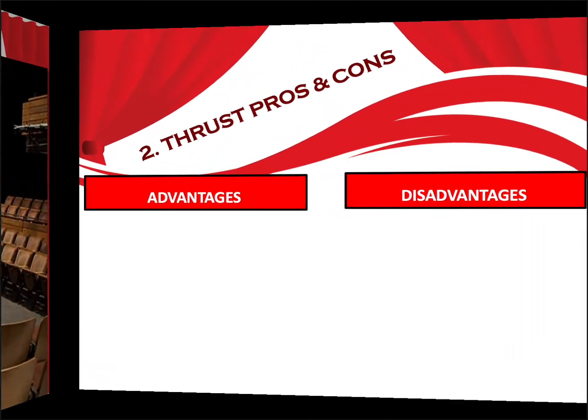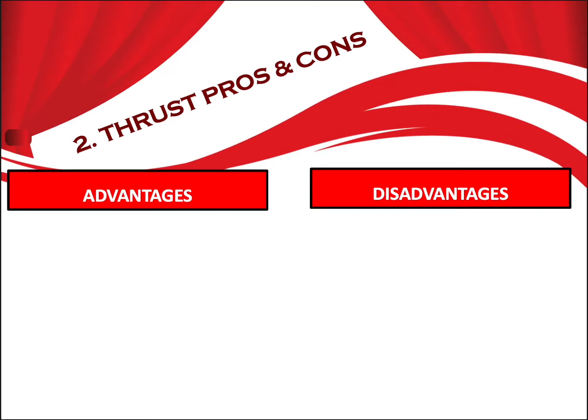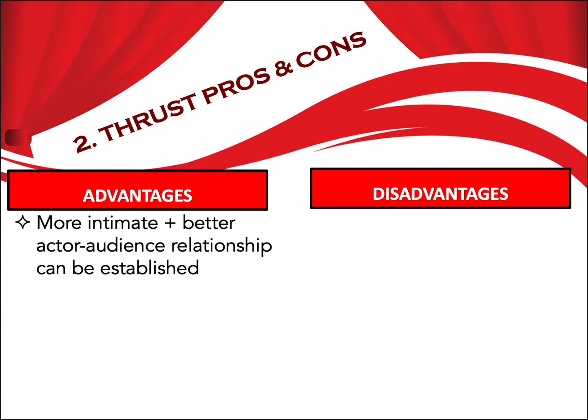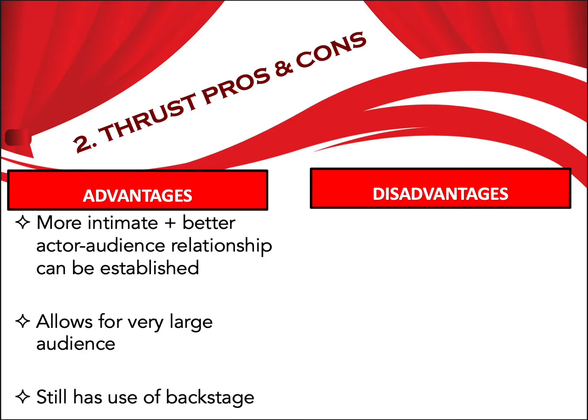So let's look at the advantages and the disadvantages then of performing or staging or mounting a piece of theater in a thrust stage. So the advantage is that it's very intimate, and it allows you to establish a really good actor-audience relationship, and it allows for very big audiences, quite like proscenium, and you still have the use of the backstage.